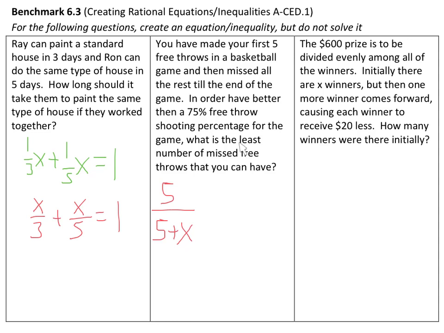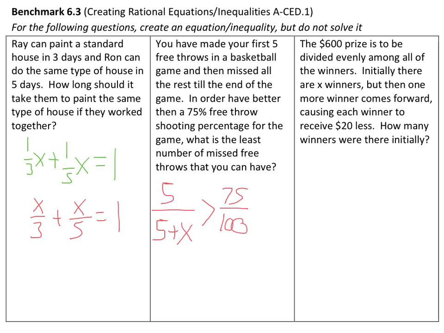Now it says at least, meaning I want to make more than 75%. So if I want more than 75%, that means I want to be greater than 75%. And you have to think of what's 75%. Let's think of it as a fraction. 75% means 75 out of 100. Or you could put it as 0.75, whatever you want.